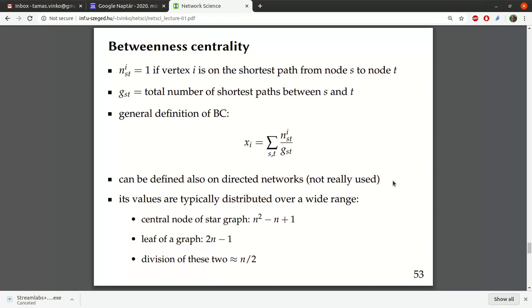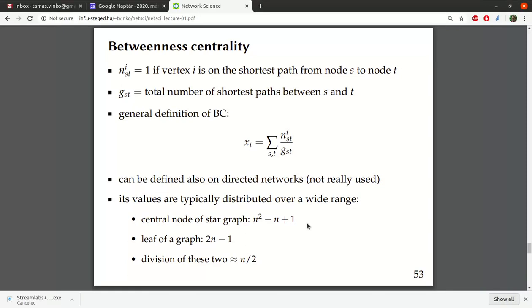That could be a difficult one because there could be no path between two nodes, whereas for an undirected network, assuming that the network is connected, we always have such a path. So for directed networks it's not really used.